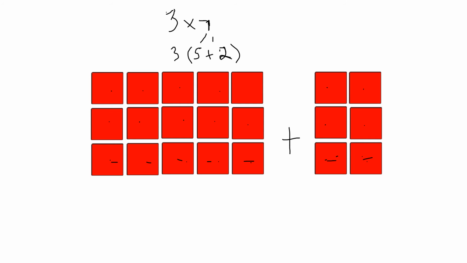So that's why we say 3 times 7 is the same as 3, parentheses means times and distribute, 3 times 5 plus 2. So these are the same. It's also the same, once again, as 3 times 5, 3 rows of 5, plus 3 rows of 2 each, okay? And we could also write it as 15 plus 6.